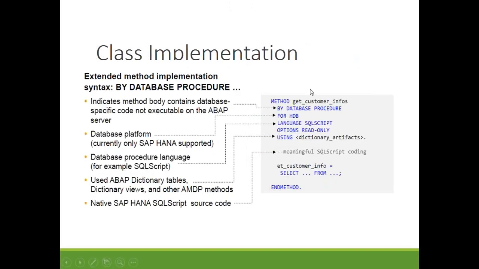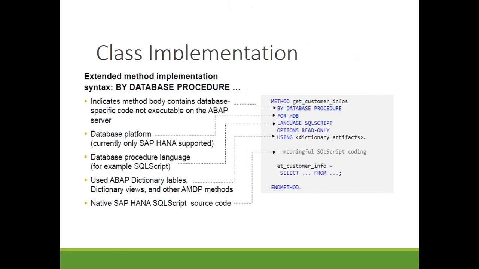While implementing the AMDP method, you have to give BY DATABASE PROCEDURE. BY DATABASE PROCEDURE indicates that the method body contains database-specific code. It is not ABAP code. So whatever code we write inside that method is a database procedure, not ABAP code.